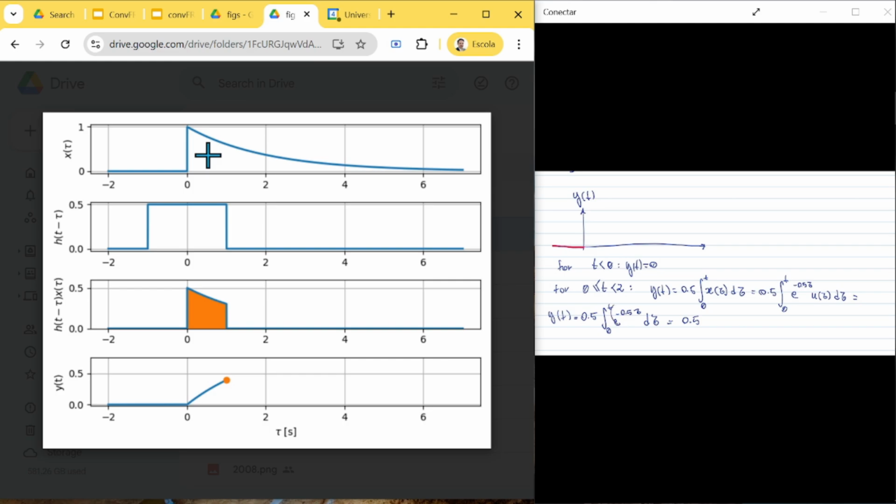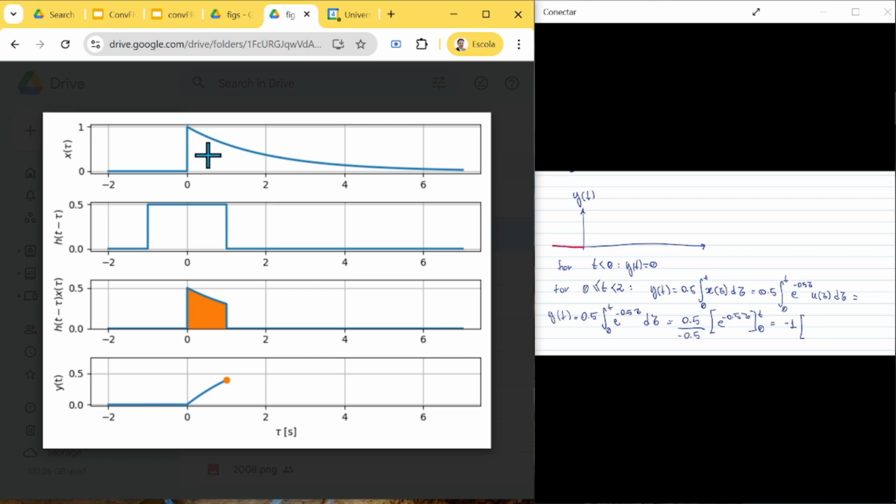We have to pass this dividing here, minus 0.5, and then e to the minus 0.5 tau from 0 to t. So this guy is minus 1.